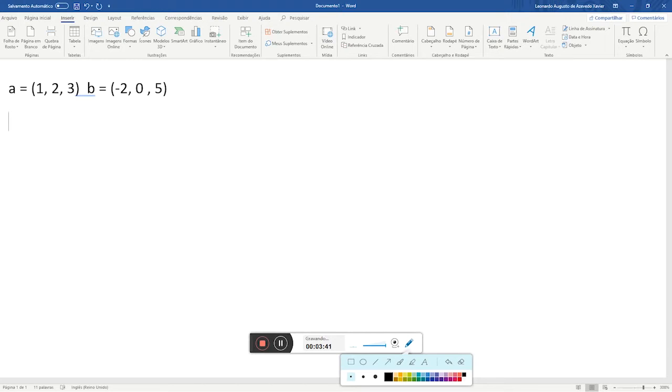So to find the dot product of vector A and B, it's equal to the length of vector A and vector B. We can make it better like that.